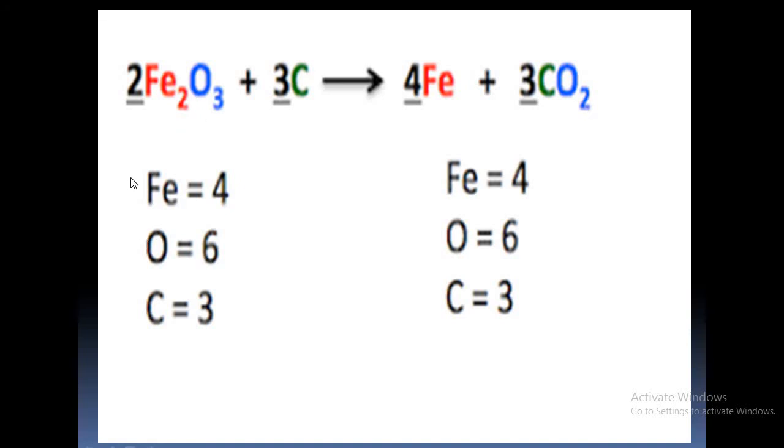So these two are the qualitative aspects, the elements taking part, and the molecules of the elements on the reactant side and on the product side. Then quantitative: iron 4 on the reactant side, 4 on the product side, oxygen also, and carbon 3 atoms, here also 3 atoms. So this is the quantitative aspect, and this is making it universally accepted.